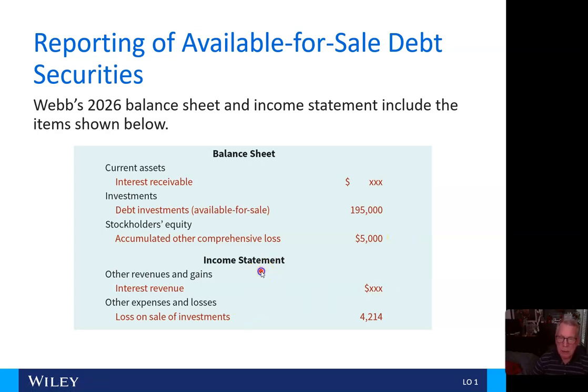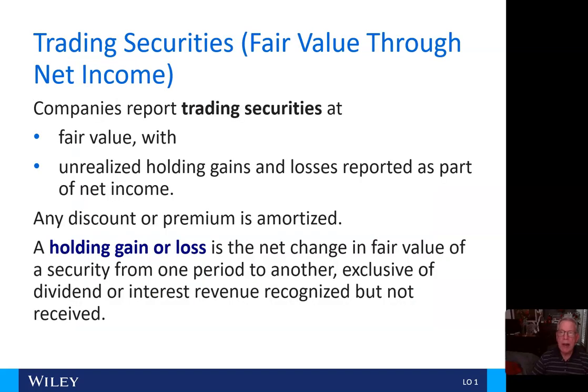And then on the income statement, we have other revenues and other expenses and losses. That's where we'll record the loss on the sale of investments of $4,214. You can see that's relatively complex. So you're going to probably have to study that a little bit on your own.